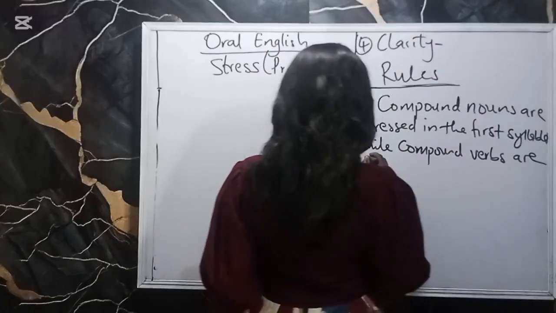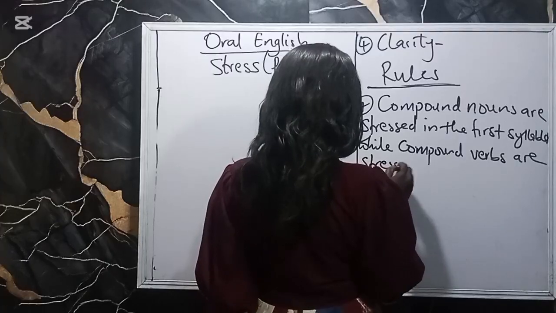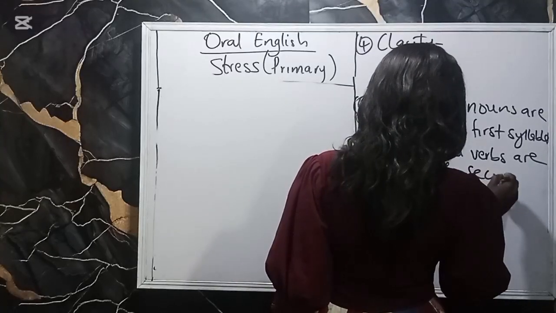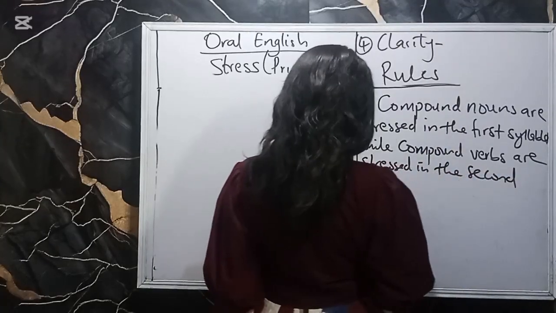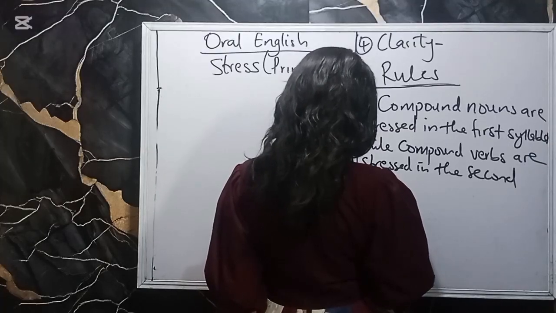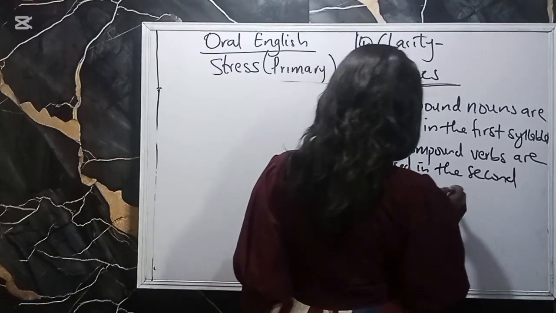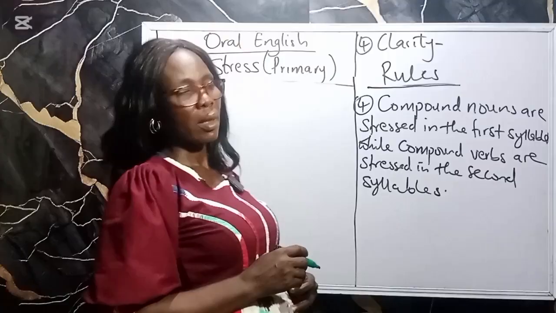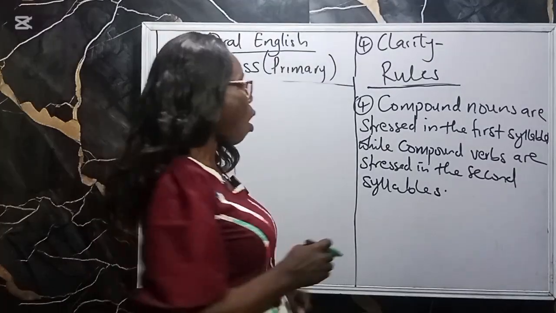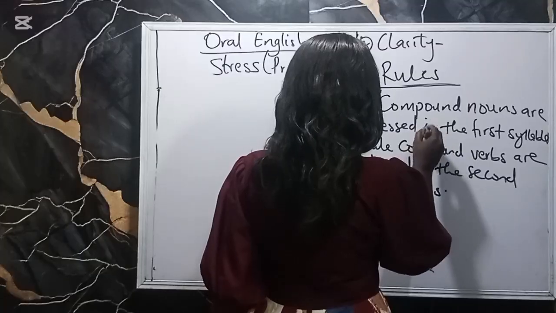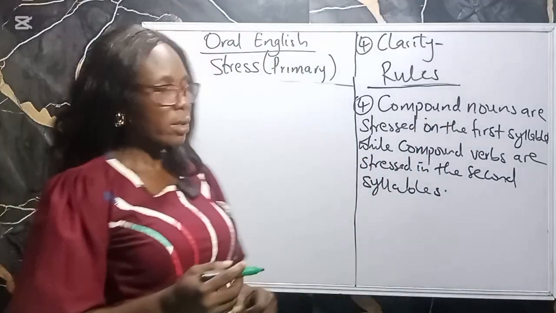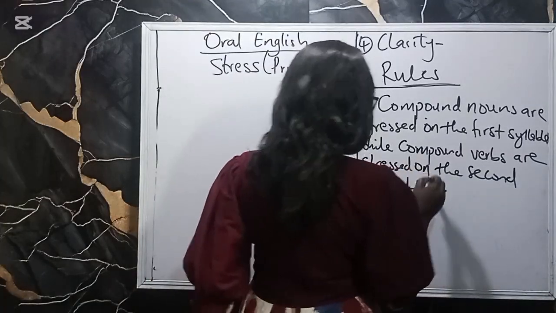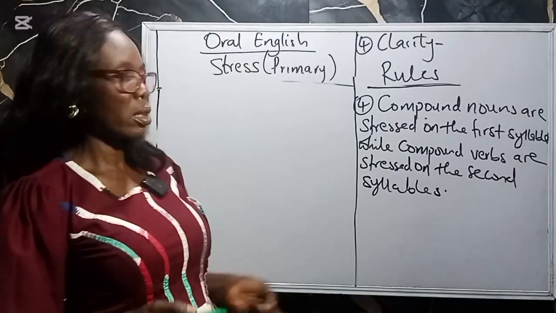Compound nouns are stressed on the first syllable, while compound verbs are stressed on the second syllables.